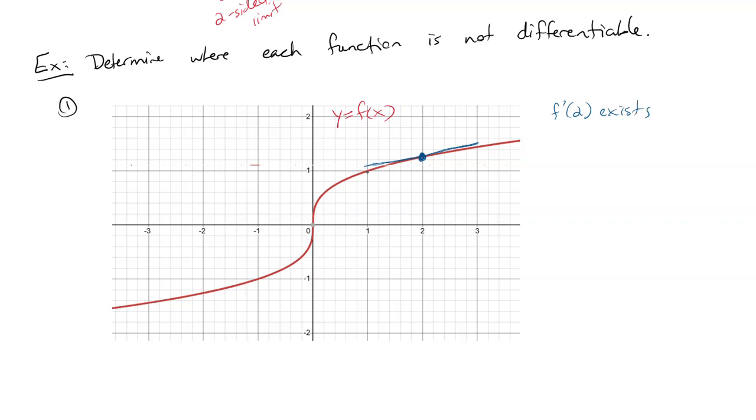And at 1, we get some finite positive slope as well. At -1, we get the same slope, it looks like, at -2. And I'm looking at integer inputs, but you can also look at fractional inputs, like right here, you get a positive finite slope. Down here, you get a positive finite slope.